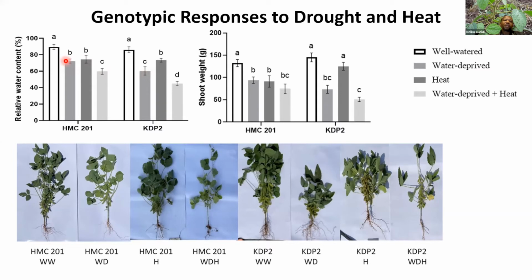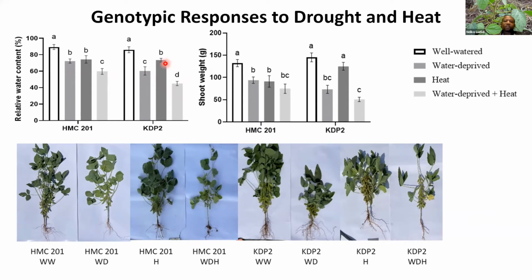So if you look at that one, it's about 73, 75%, while this one sits at between 57 and 60%. So this means that this particular genotype has less capability to retain water in its tissues under drought stress, while this one is more efficient in retaining water.